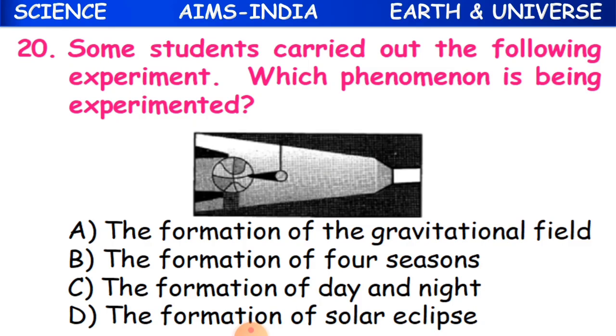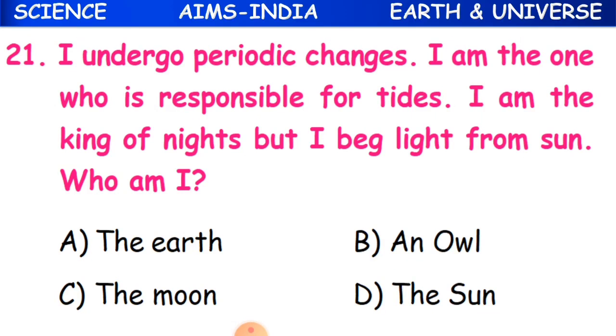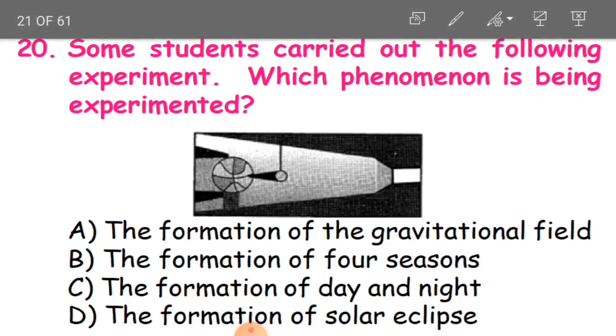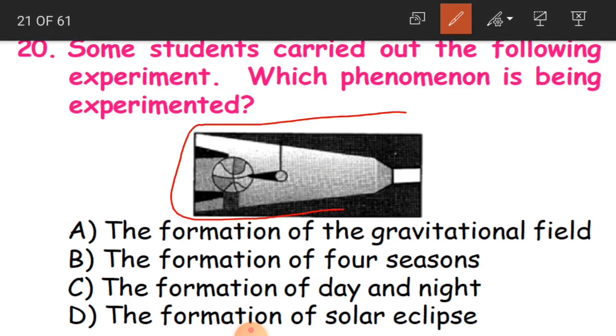See here, your friends have done an experiment where you can see the moon, the earth and the sun, where light is reflecting.